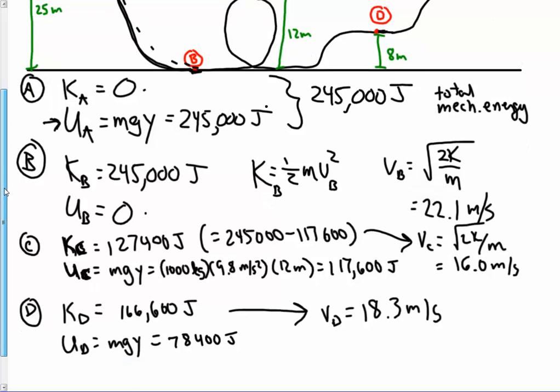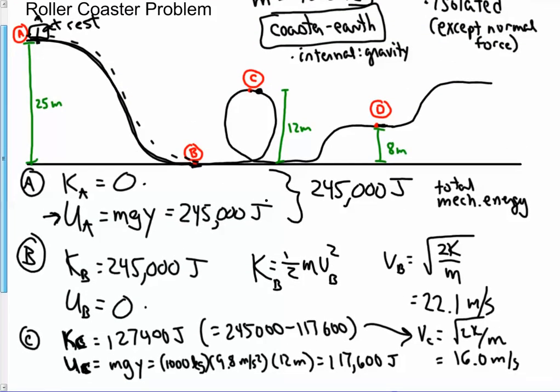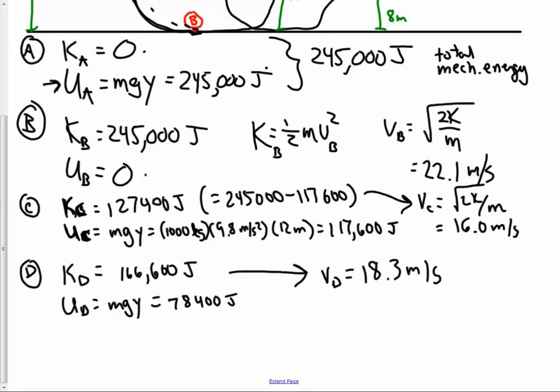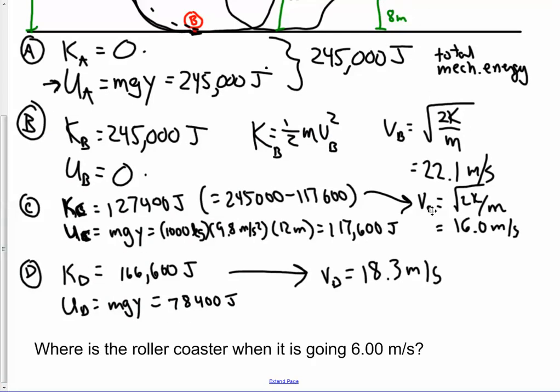All right, and finally, I can also turn the question around and ask, where would the roller coaster have to be? Let me write this down. Where is the roller coaster when it's going 6 meters per second?